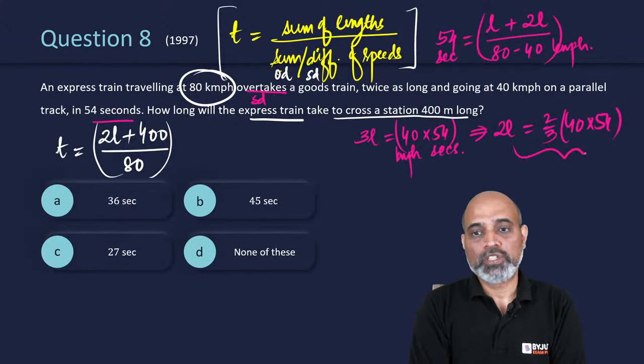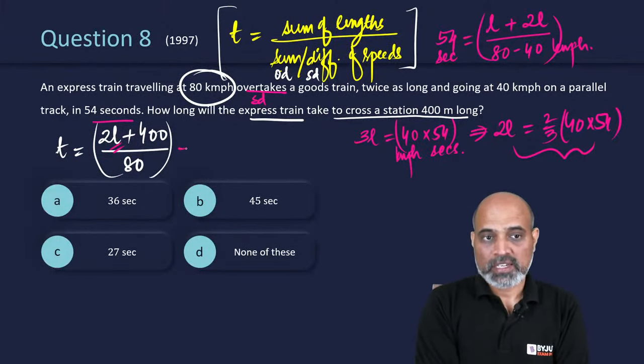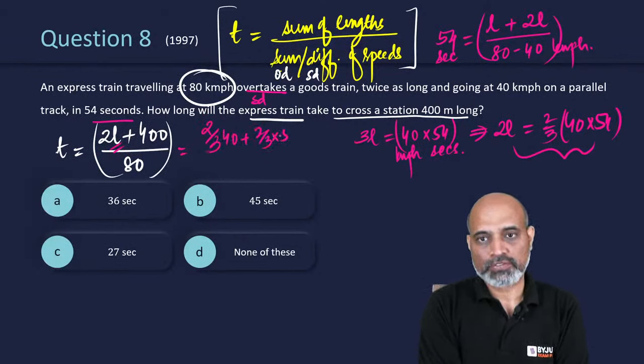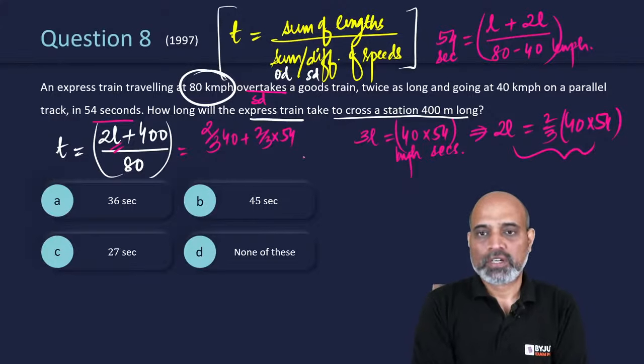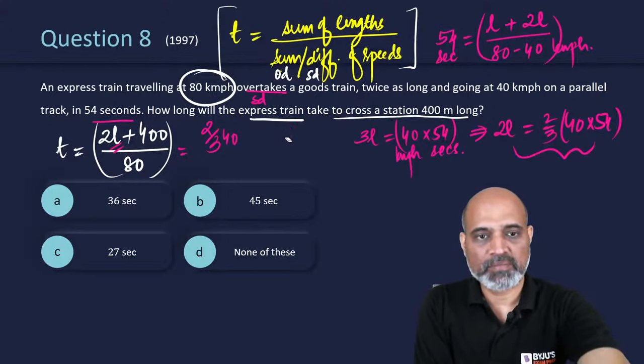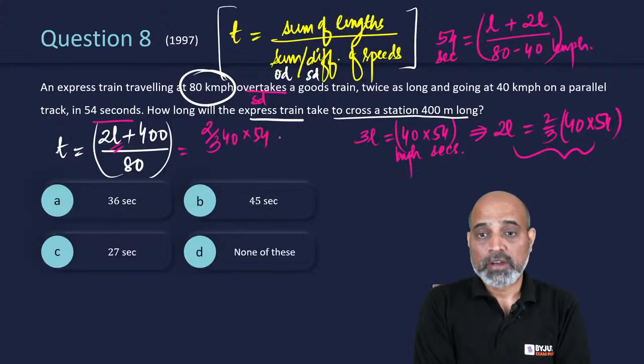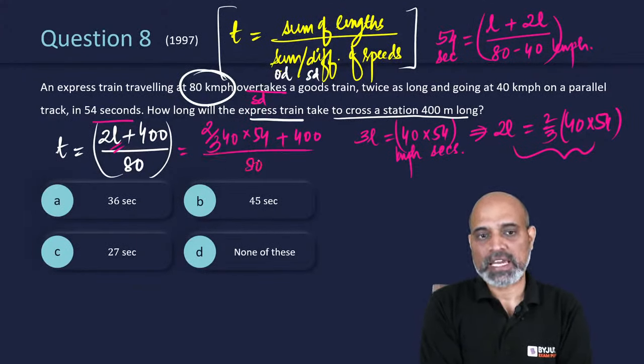I'm going to put this in the numerator here. This is going to be 2/3 of 40 into 54, plus 400, divided by 80.